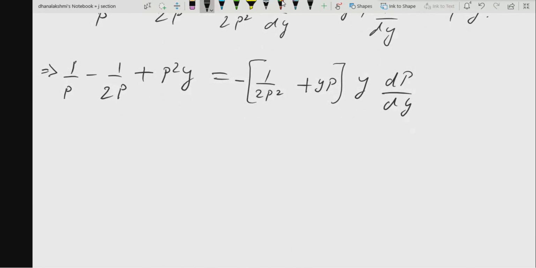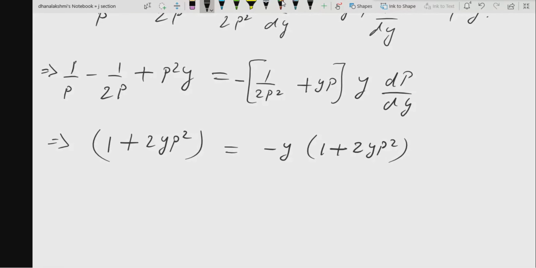On further simplification, this will be 1 plus 2yp square I will get. And this side I will get minus y into 1 plus 2yp square into dp by dy.